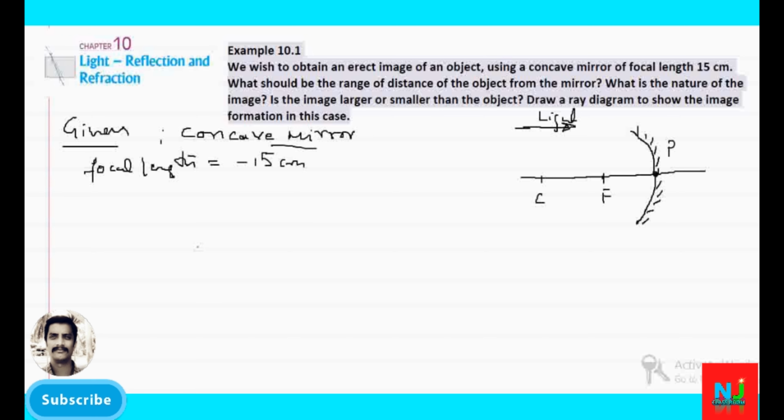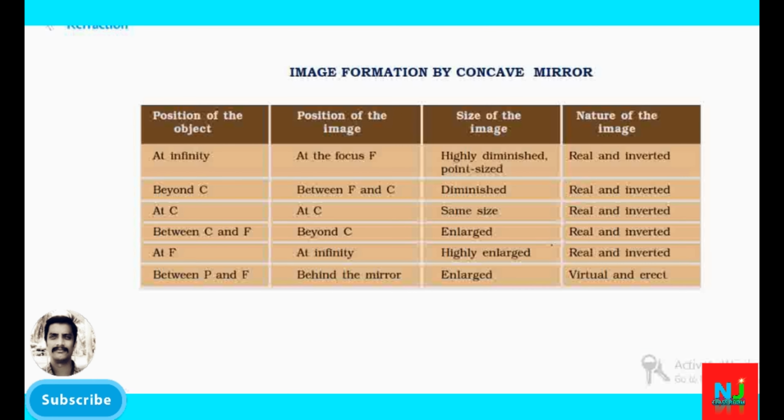What should be the range? We wish to obtain an erect image of an object using the concave mirror. In the case of image formation by the concave mirror, an erect image is formed only in the last case, between pole and focus.